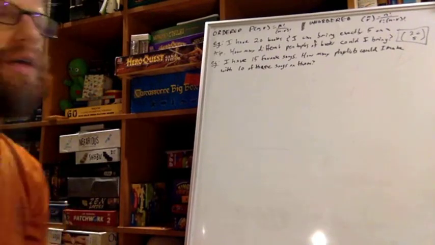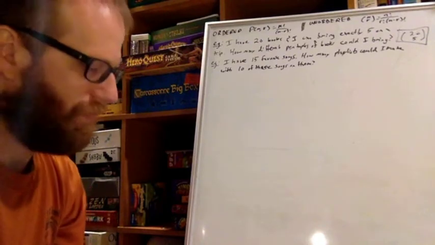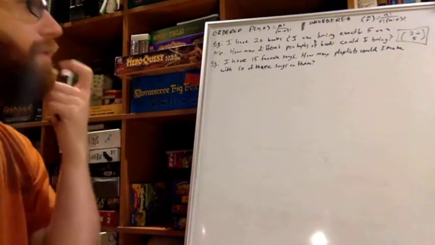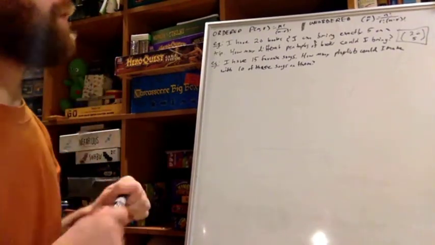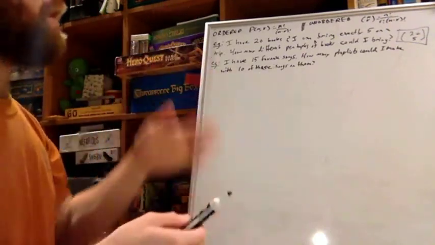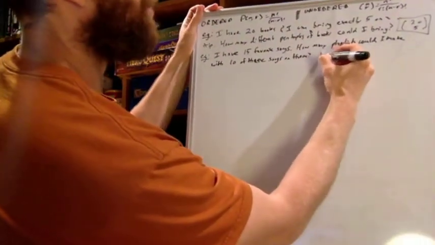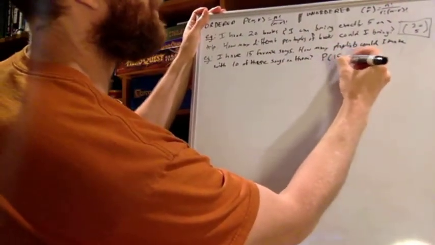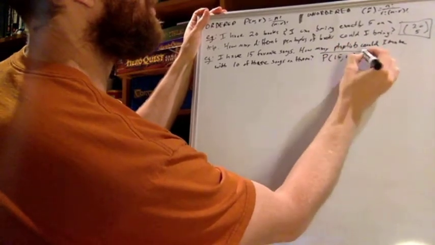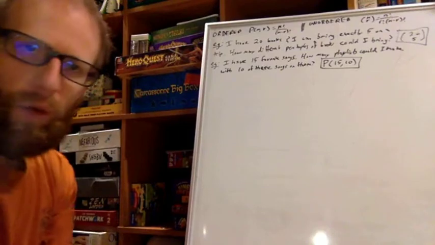Either it's going to start kind of mellow as people are arriving, and then eventually crank up to dancier stuff, or I don't know what kind of music you play at your parties. But if you're trying to shape what's happening, the order matters. So we're going to be using P(n,r), and all that I want from you here is P(15,10). You could compute that, but I'm not really going to worry about it for now.